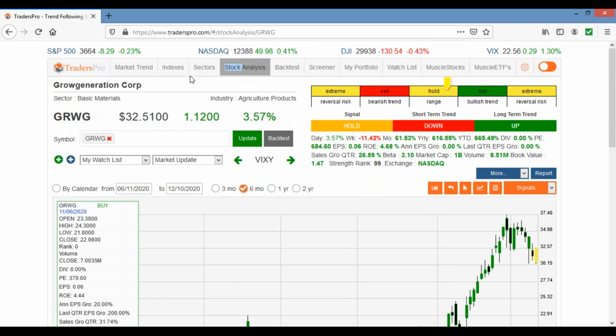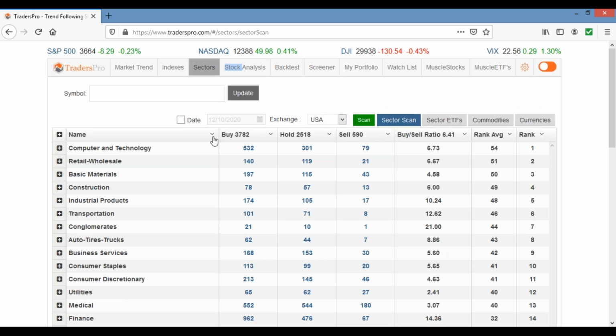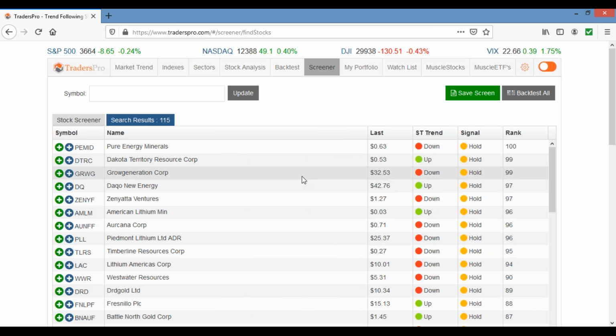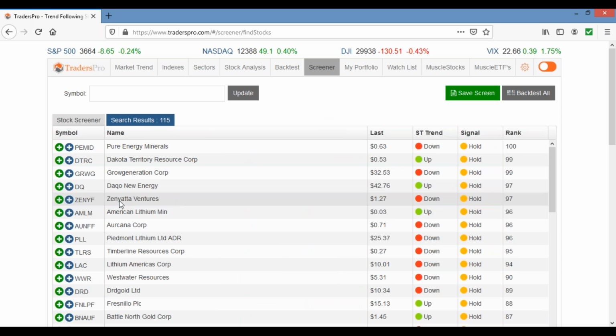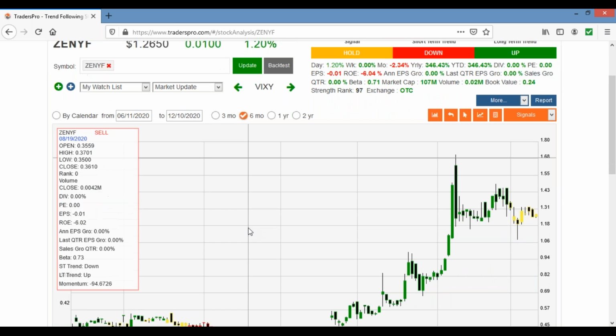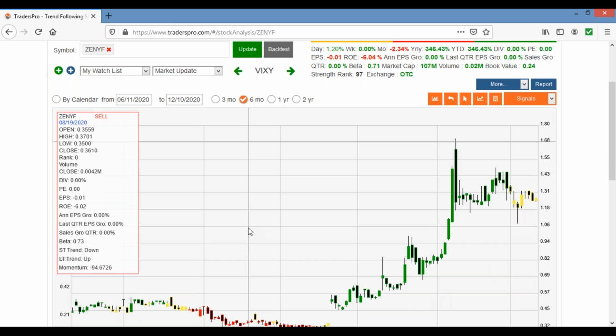And then one more off of this sector, we'll look at this real small company here, ZENYF. Now, I'm not usually a big fan of stocks that are under $10.